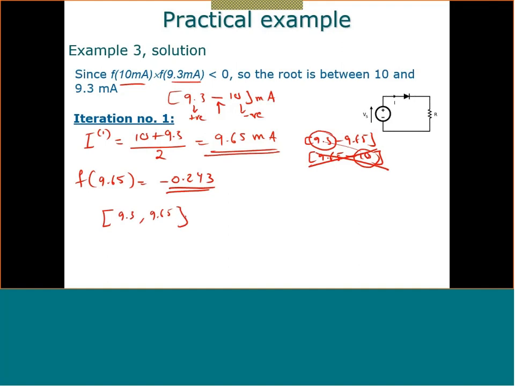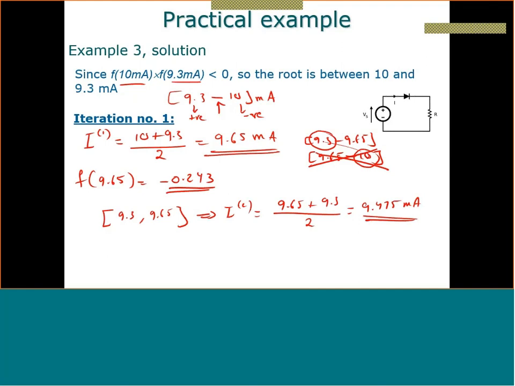Okay, excellent. So now I will find the current as a second iteration, which will be 9.65 plus 9.3 divided by 2, which is equal to 9.475 milliamps. Now I will find the error.